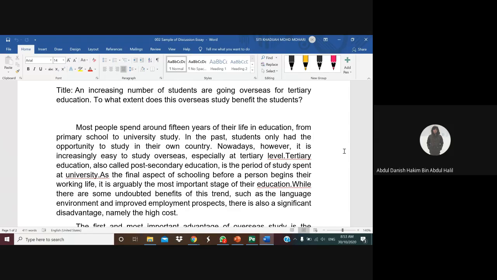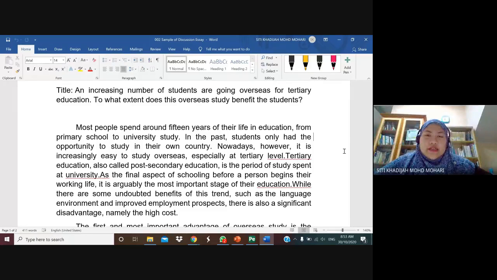Tertiary level education, also called post-secondary education, is the period of study spent at university. As the final aspect of schooling before a person begins their working life, it is arguably the most important stage of their education. While there are some undoubted benefits of this trend, such as the language, environment, and improved employment prospects, there is also a significant disadvantage, namely the high cost.